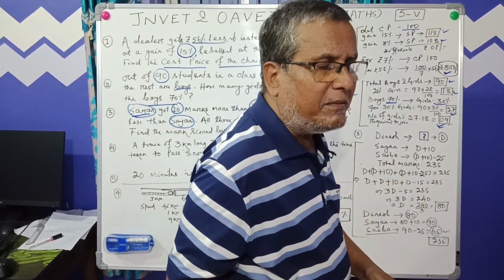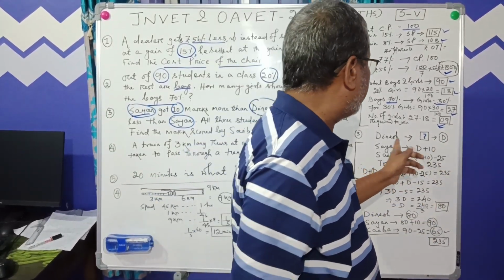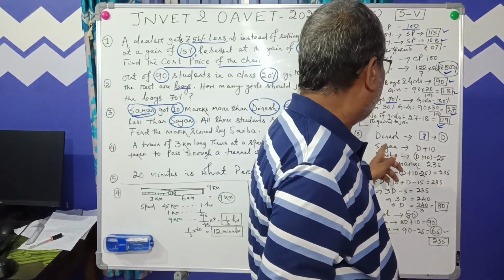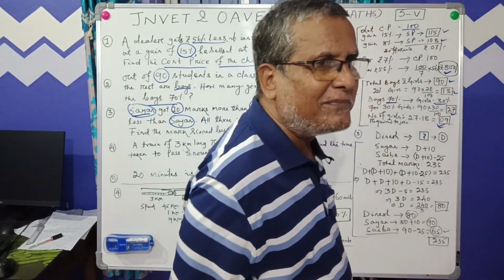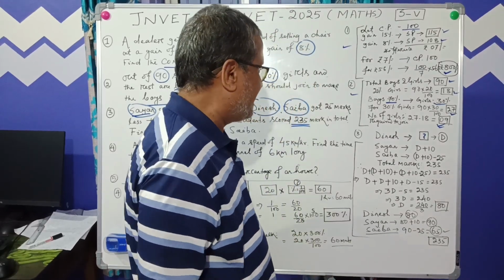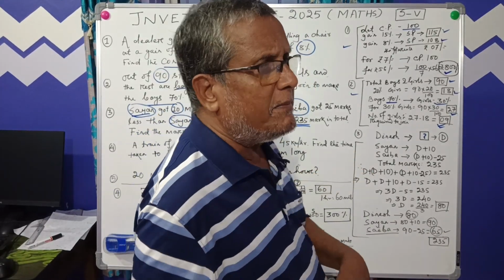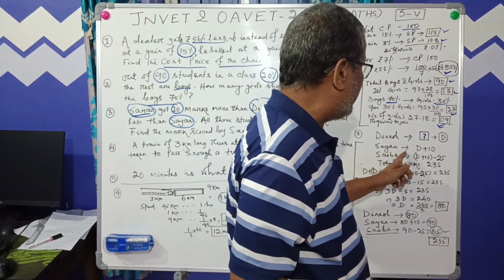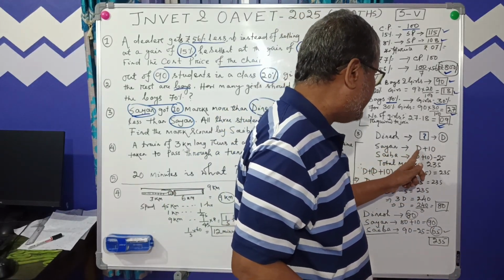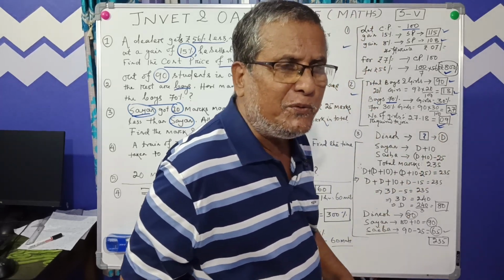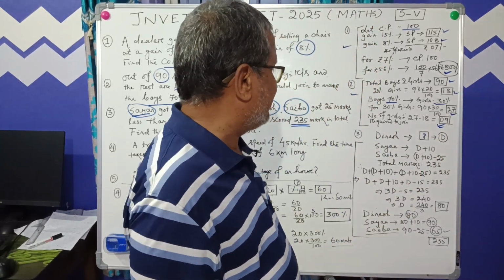Let it be X, but you don't know X, so take the first letter of his name, capital D. Let his mark be D. A very simple way. Sayan got 10 marks more, so Sayan's mark will be D plus 10, Dinesh's mark plus 10. You denote it like this.